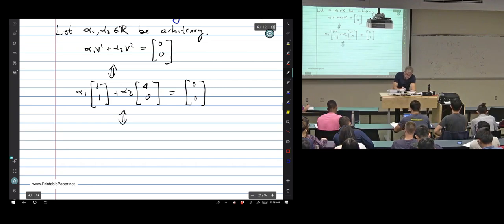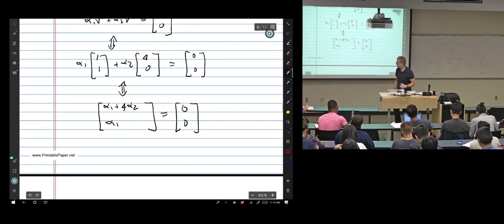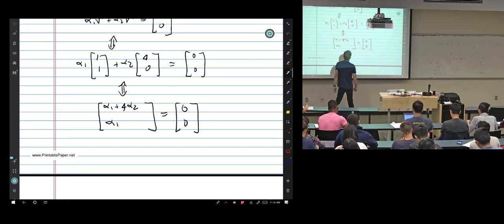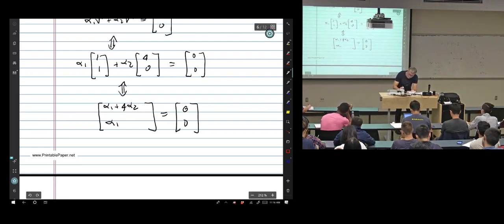And so that's if and only if I have alpha 1 plus 4 alpha 2, alpha 1, and it looks like a 6, but it's not, it's a 0. Not any better. Yeah, I know.